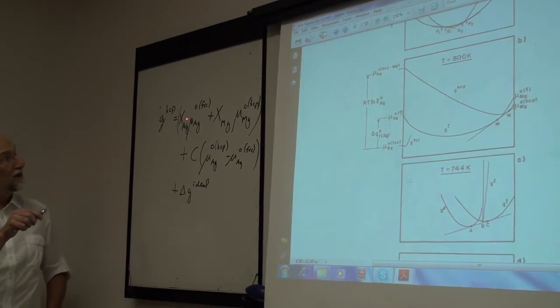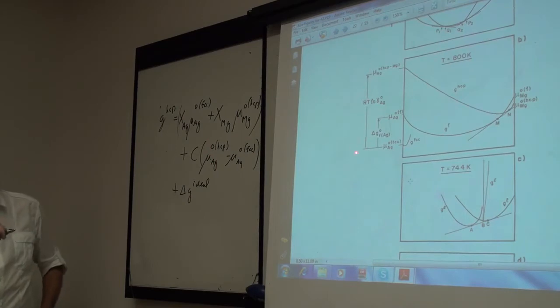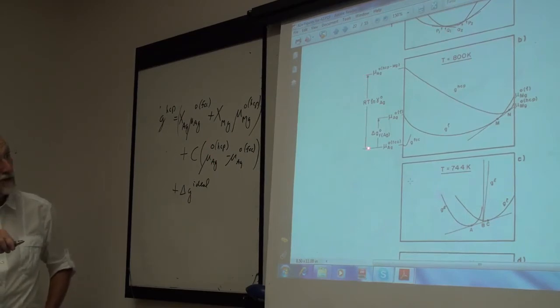But the way I've written it is with respect to that point, X silver mu silver FCC, and then I've subtracted this term off again and added on this term, where C is this distance here, between the mu naught of silver in FCC and this hypothetical one. I know here I called it RT log gamma naught, and in this particular case it is, but it's a constant. Is that clear what I've done?